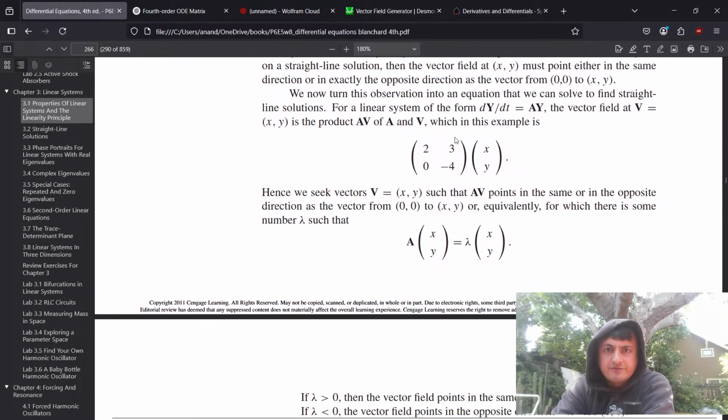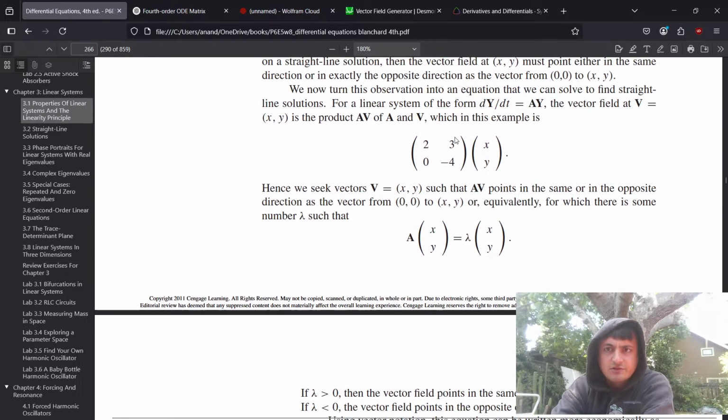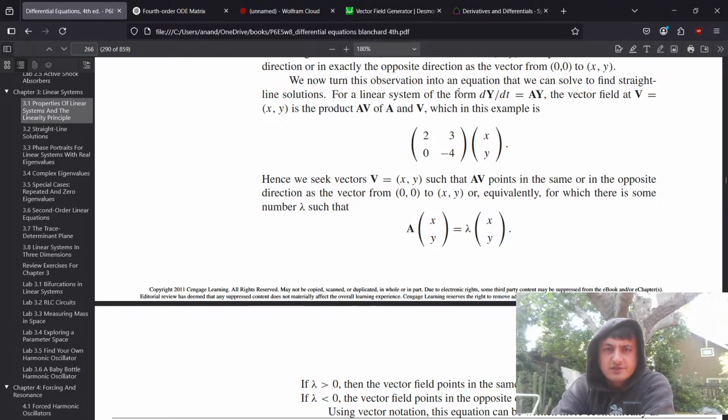We now turn our observation into an equation that we can solve to find straight line solutions. For a linear system, the vector field at v is the product A times v.